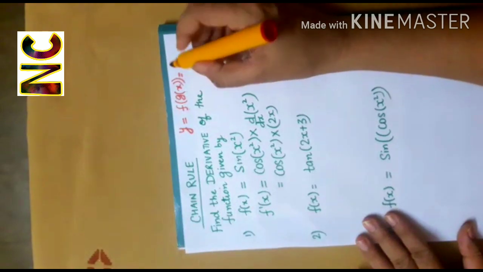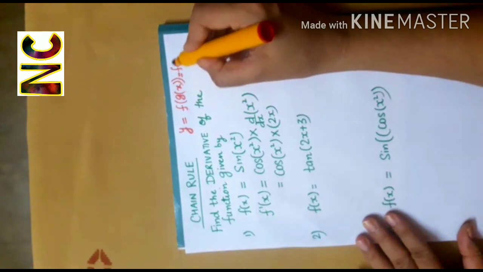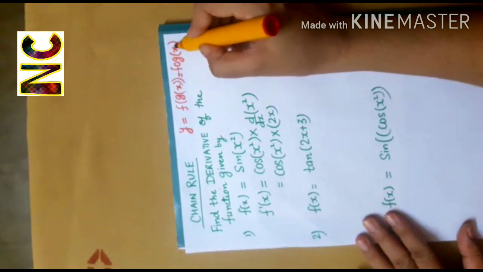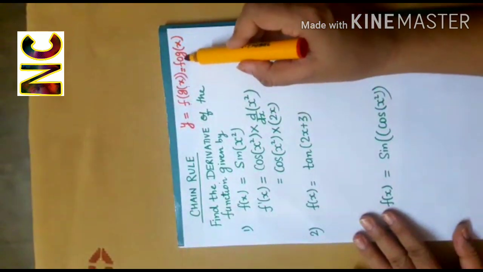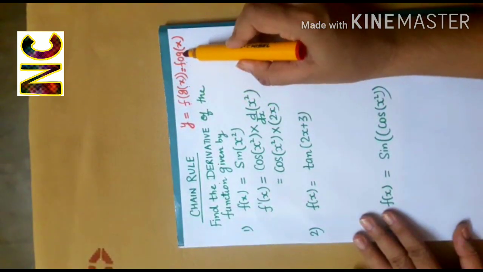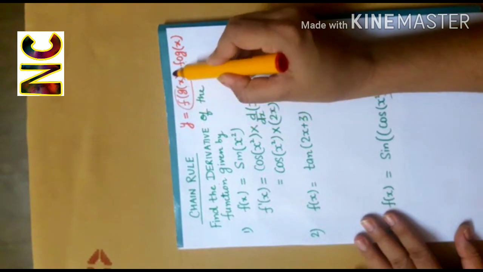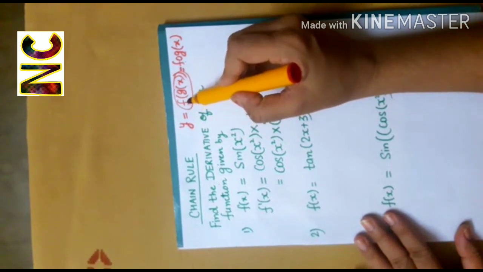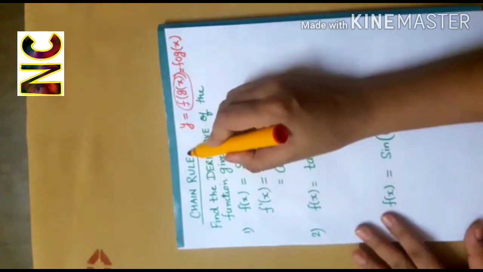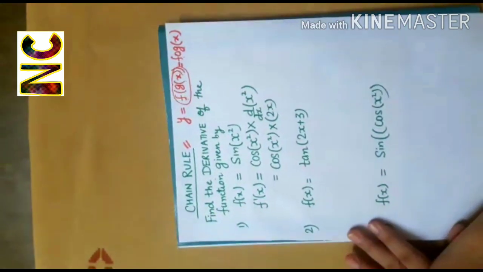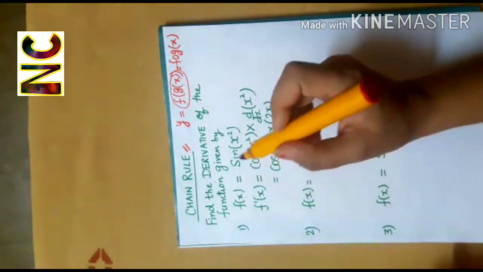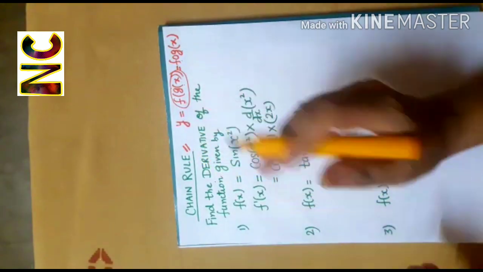Now if you are able to recall, this is nothing but f o g x, the composition of f and g. So if I have to find the derivative of this function which is a composition of two functions, then we use chain rule. So I'll explain this rule through examples.